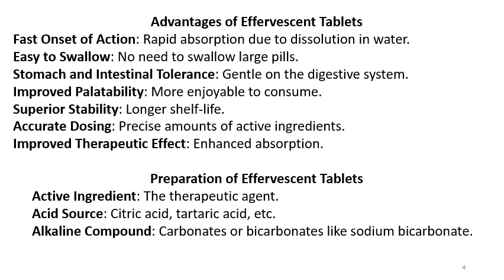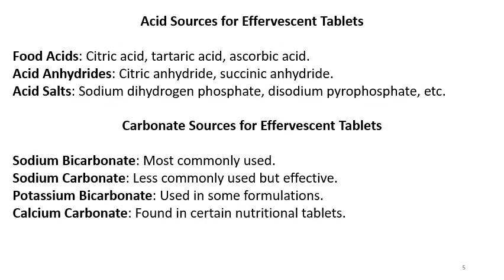Preparation of effervescent tablets. These contain mainly the active ingredients which have the therapeutic benefit. Acid source like citric acid, tartaric acid and some others. Alkaline compounds, carbonates or bicarbonates like sodium bicarbonate. So as per my experience, mainly the citric acid and sodium bicarbonate are used to get the effervescence.